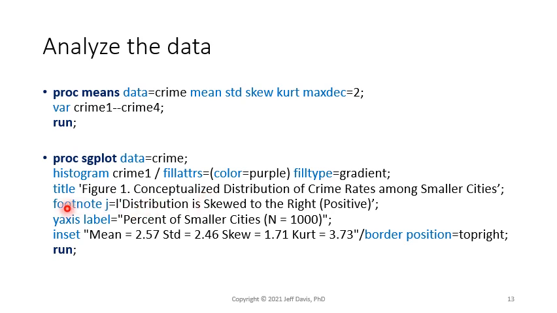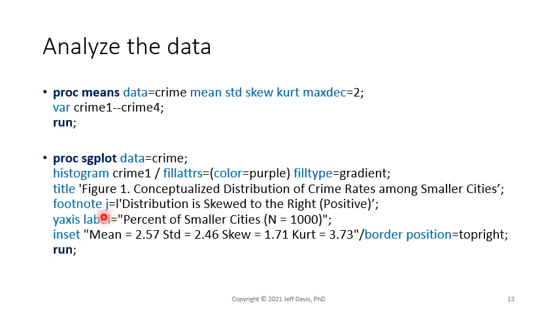And then for the footnote, this is something I want you to include in each of your graphs. I want you to make sure you indicate whether it's a skewed distribution, maybe skewed to the right or skewed to the left, whether it's normally distributed, or platykurtic.